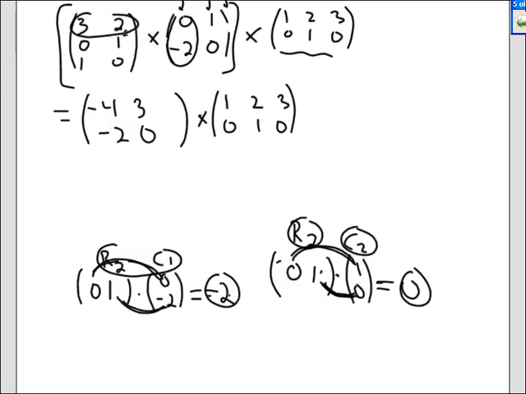Okay, I am now done with row 2. I did row 2 from the first matrix with each of the columns in the second matrix. So now I'm going to go on to row 3. Row 3 is [1, 0].